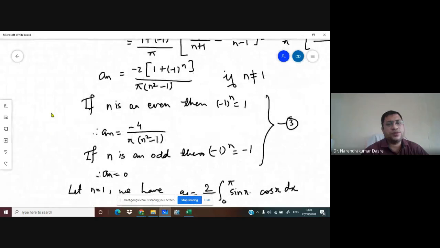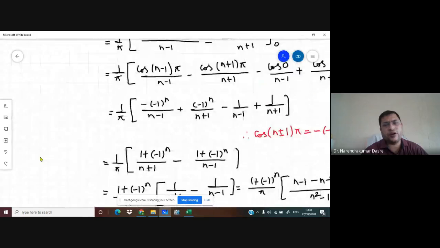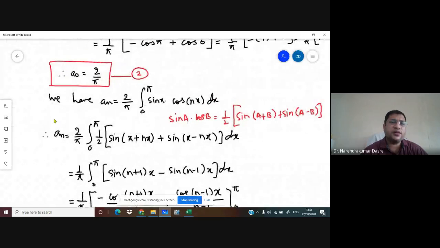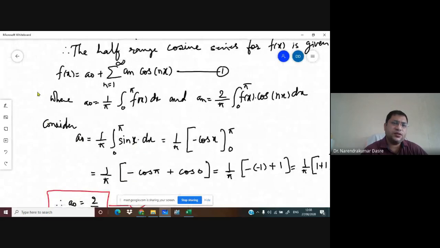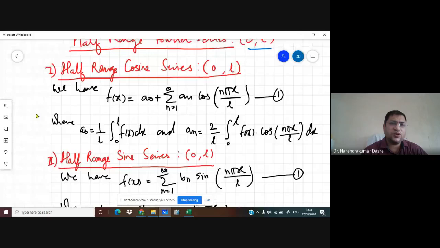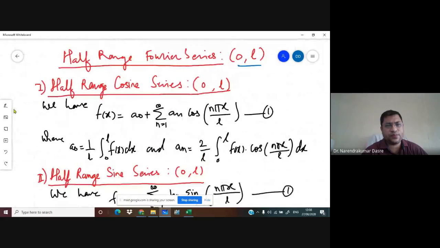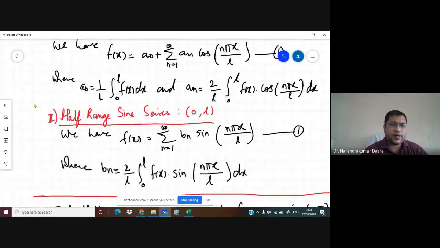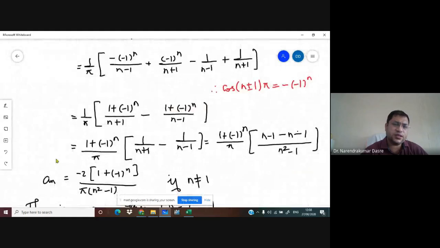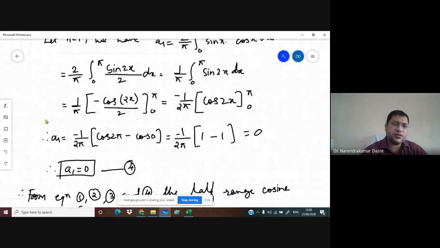As we used to do with even and odd functions, but here you don't have to check even and odd. Here you have to just find the sine series or the cosine series, whatever is required. So I hope you are able to understand both the problems.